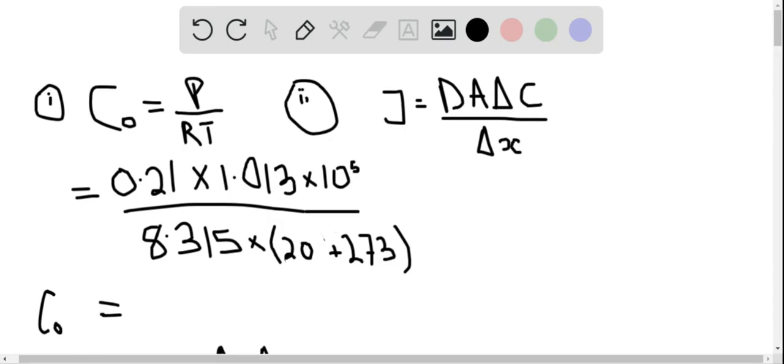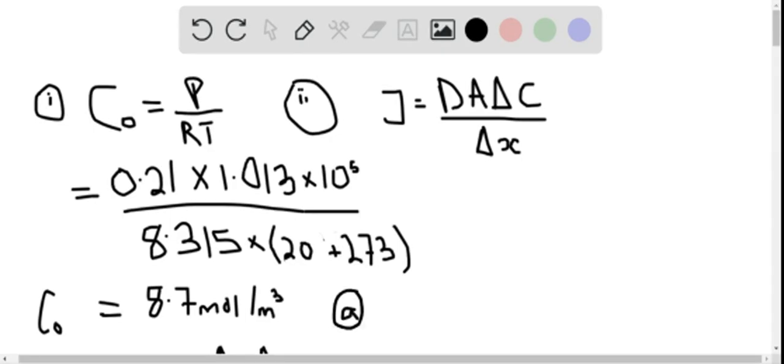Okay, yeah, this is 8.7 moles per meter cubed. So this is the answer to question A.